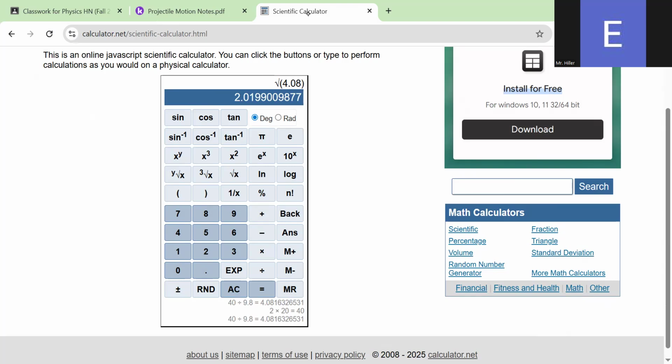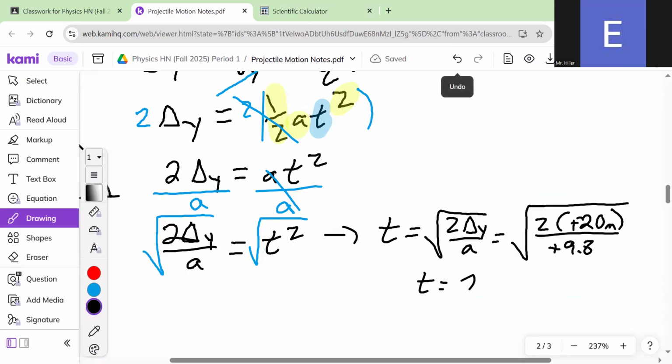So I'm getting about 2.02, a little over 2. 2.02 seconds it takes to fall.